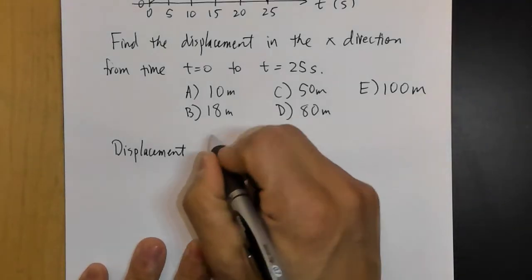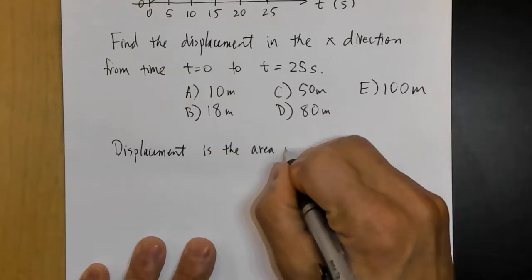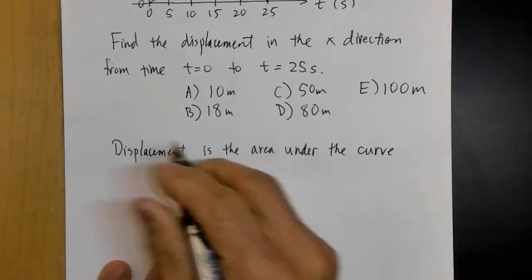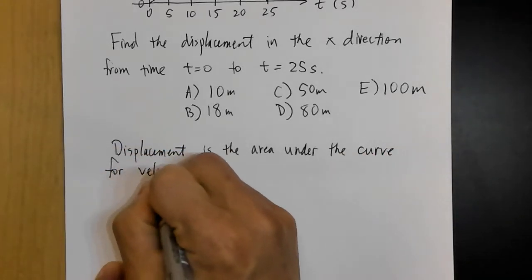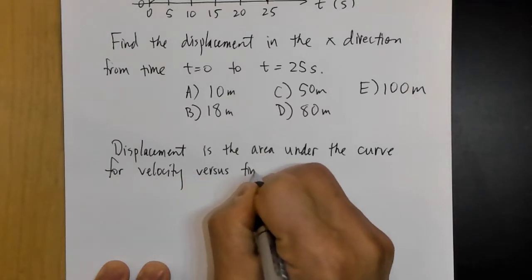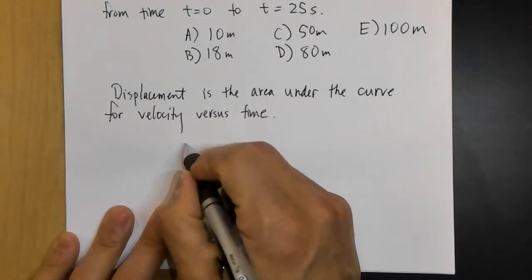Okay, displacement is the area under the curve for velocity versus time. So we need to calculate the area.